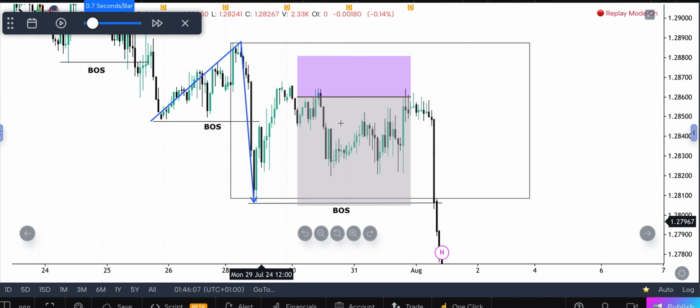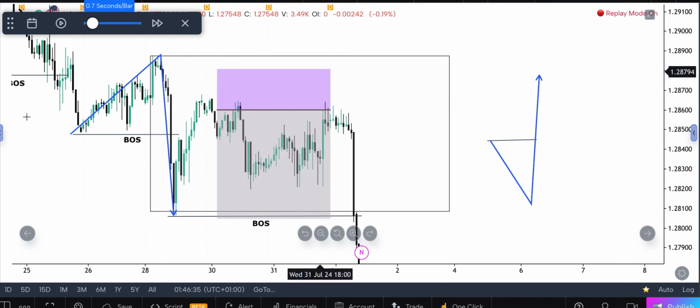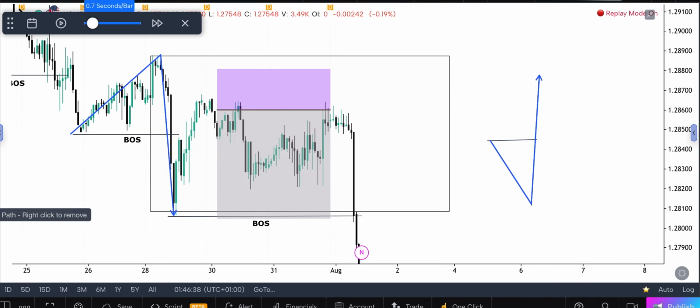If it is a bullish trend, you're going to see something like this, boom, boom. You can see this massive movement. You can see that price broke structure. So this movement here is our external structure. The internal structure is going to try to correct itself to somewhere around here.